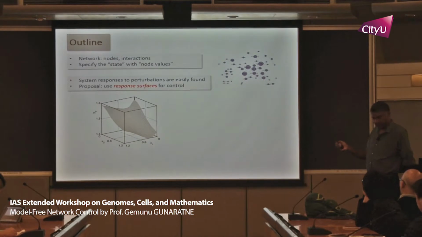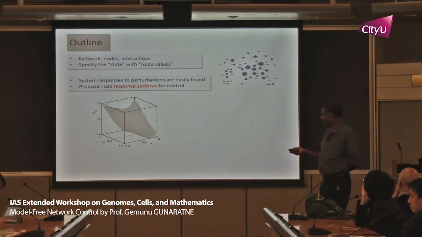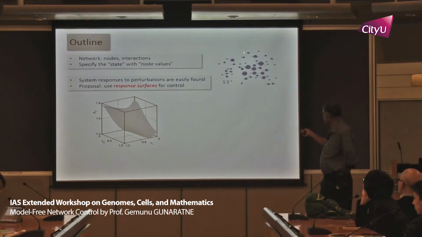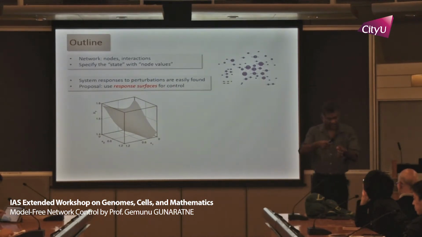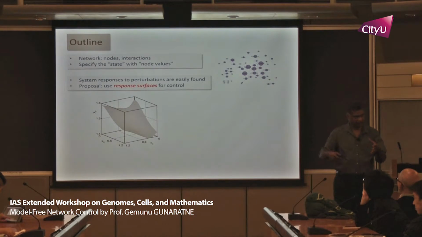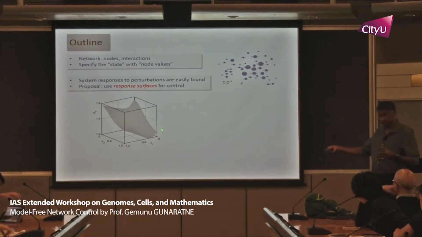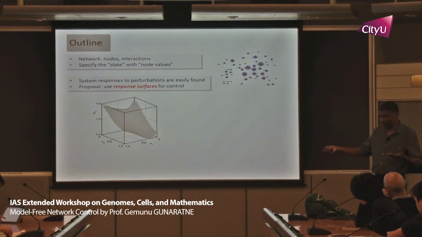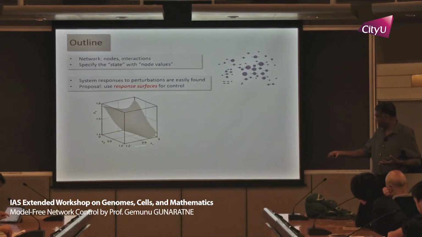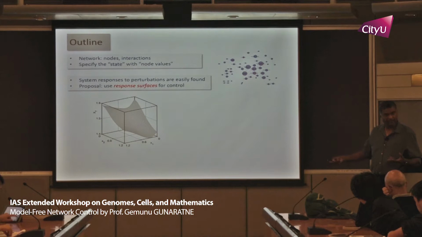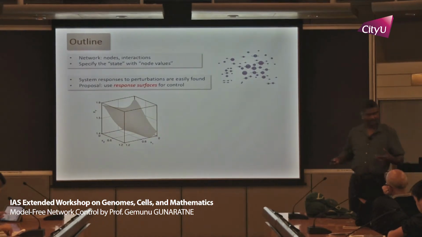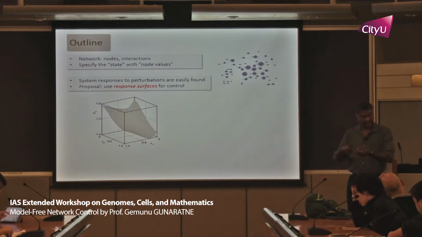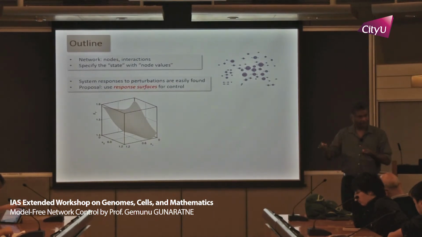Again, what I'm going to show you is that as I change a few of these things, I can find out how the system responds. If you knew the response surface, the collection of these responses to changes in a few gene levels, from that I can figure out how to calculate how to change the system, how to implement the control.